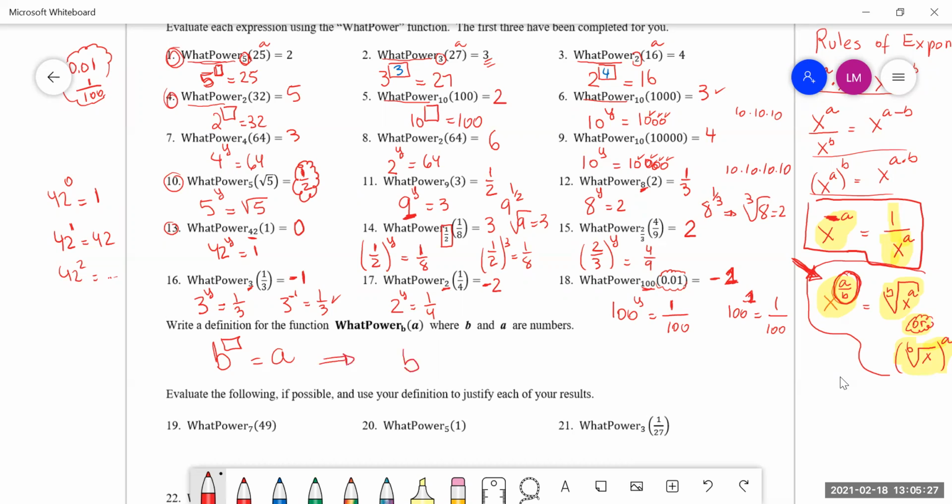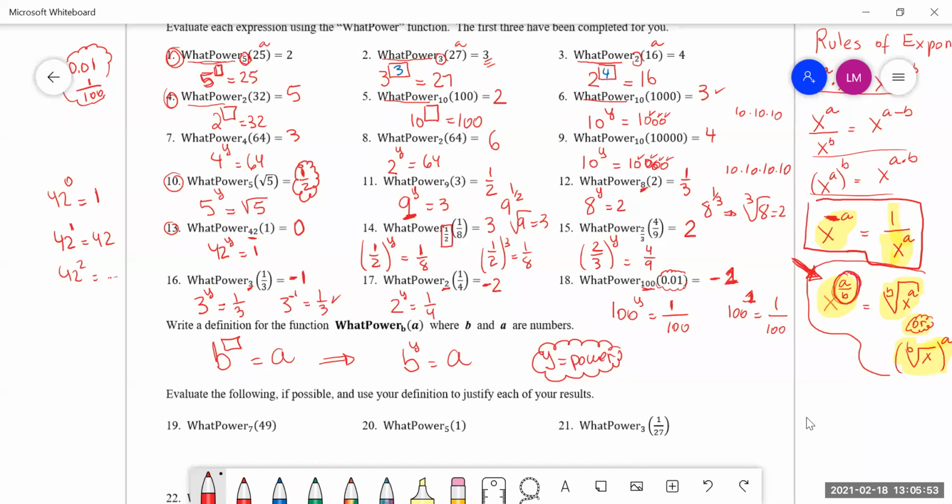We said b to the y value equals a. So that's what we want to be thinking about. We let the y represent the power. So b to the y power equals a. That's the definition that we're using over and over again.